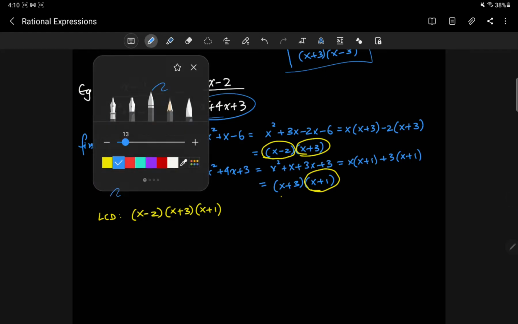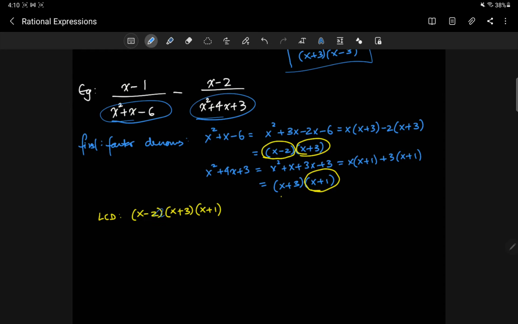So now I'm going to rewrite them in their factored form. So it's x minus 1 over, remember this factored as x minus 2 times x plus 3 minus x minus 2 over this factored as x plus 3 times x plus 1.